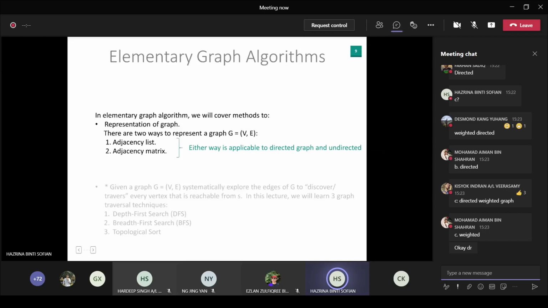Good, good. Alright, next, chapter 22, elementary graph algorithm. So for the elementary, we can divide into two. I will just explain the first part, which is the representation of graph.